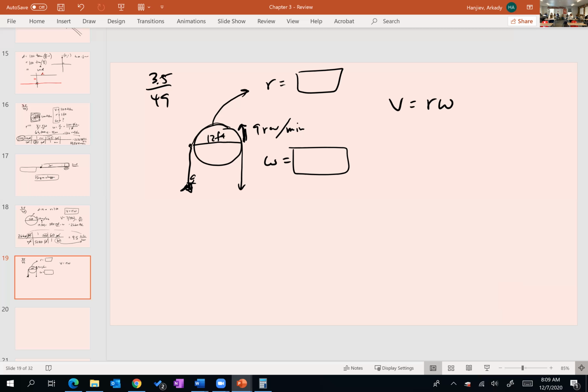All right. I'm gonna go with 30 seconds are up. So how about 6 feet for the radius, and how about 9 times 2 pi or 18 pi? We'll go with radians per, what is that, minute, I believe, right? Radians per minute, there it is.